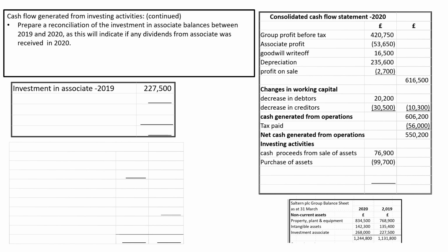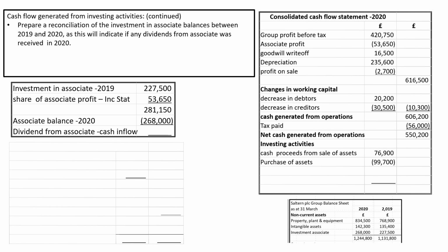We can start with the opening balance in 2019, which is 227,500. We add the share of associated profits, which we get from the income statement of Salton PLC, which is 53,650. We get a grand total of 281,150. We then offset that against the associate balance against 2020, which was 268,000.